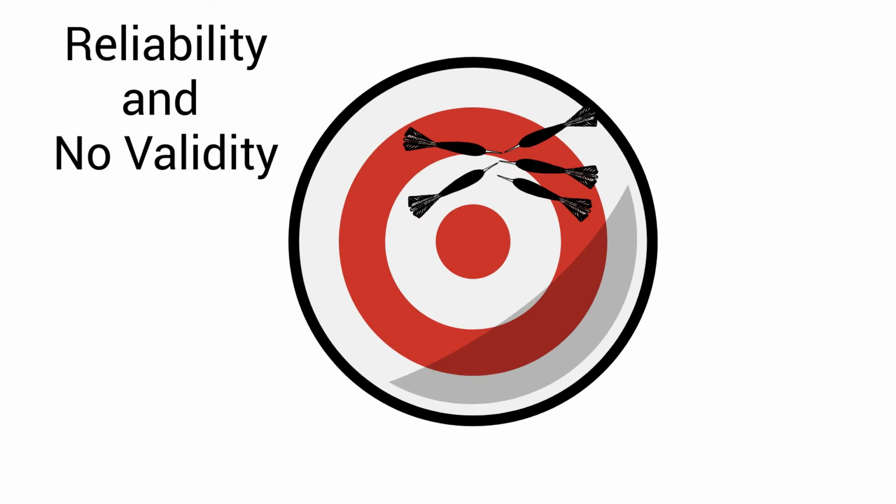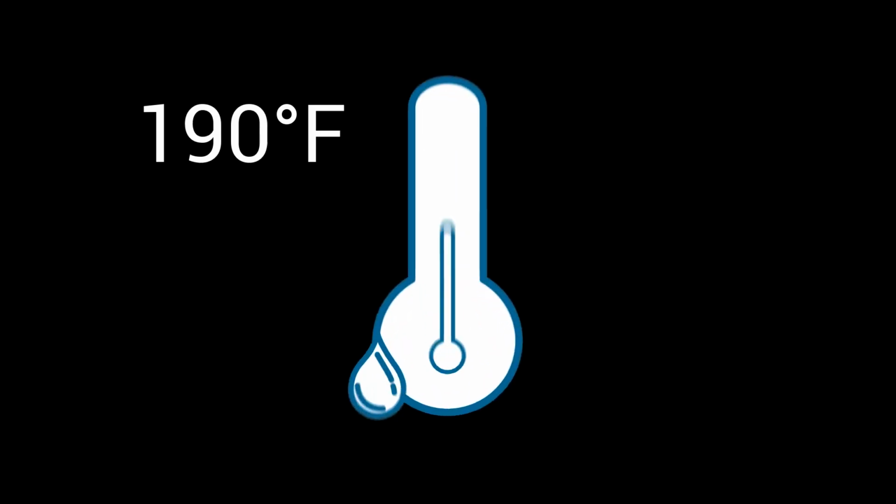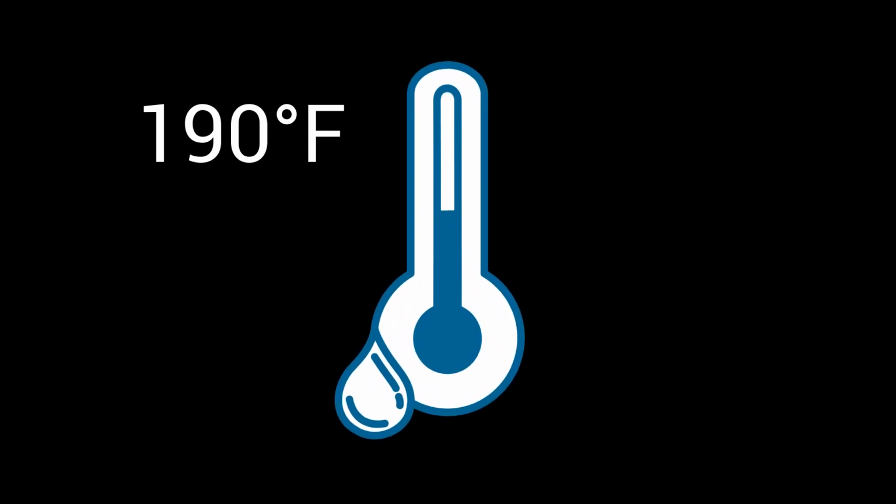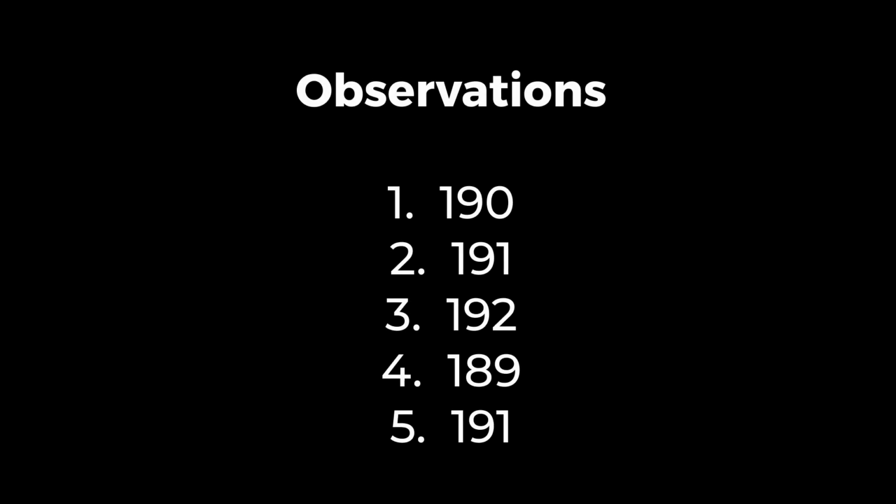Situation 2, reliability but no validity. Now let's change the situation a bit. In this case, I can take my first temperature reading, and it's 190. I'm still a bit shocked, so I want to take the temperature a few more times. And here are the results: 190, 191, 192, 189, 191 again.